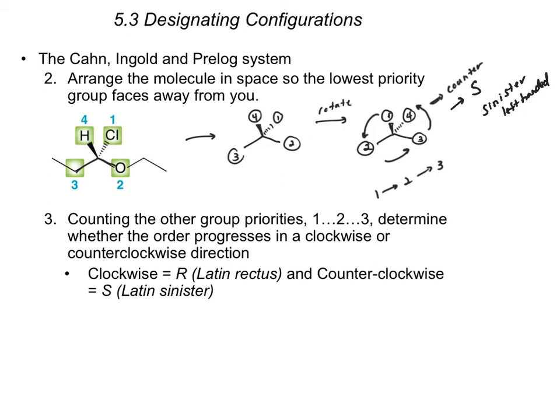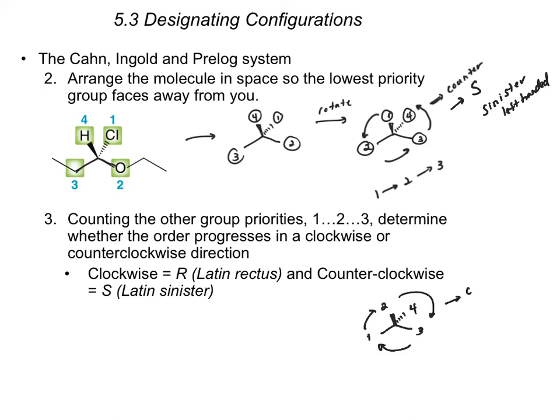Okay, so if we utilize the other molecule that we had on the screen on the previous one, which had the fluorine and the sulfur, this was a 1 to 2 to 3 to 4 here. So 4 for this one was already on the dash, so we don't have to manipulate it at all. Going from 1 to 2 to 3 for this one, is it clockwise or counterclockwise? Clockwise. This one is clockwise.